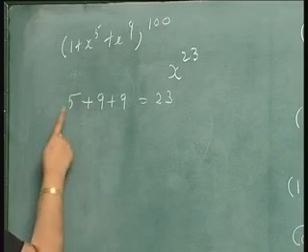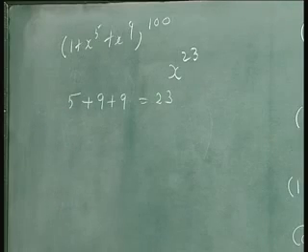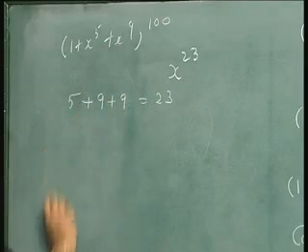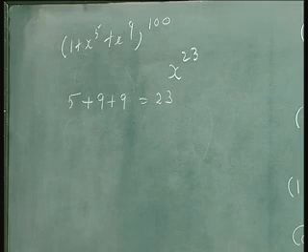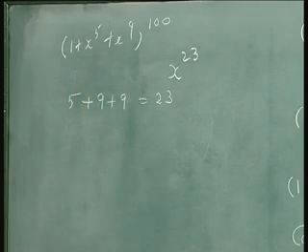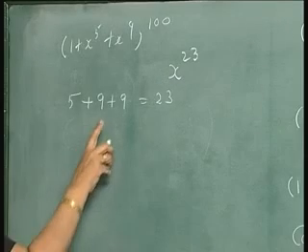So there is only one way of splitting 23 into 5s and 9s. So if you have 100 factors like this, out of the 100 factors, you have to select x power 9 from 2 factors and x power 5 from 1 factor. Then only you will get x power 23.